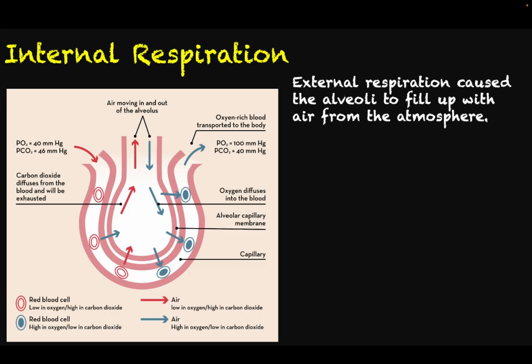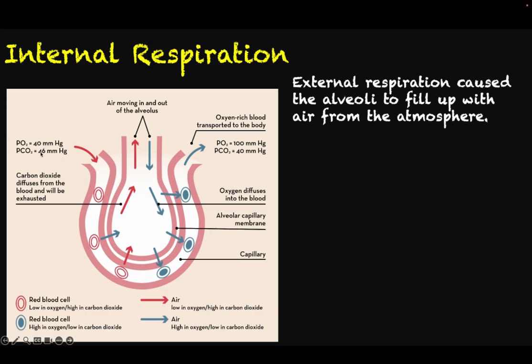So what we just accomplished with external respiration is we caused the alveoli to fill up with air from the atmosphere. That air that we just breathed in is very rich in oxygen, very low in carbon dioxide, and that's a good thing, okay? But the blood that is flowing through those capillaries that surround the alveolus, that blood is returning to the right side of the heart and then is going through the pulmonary artery to the lungs.